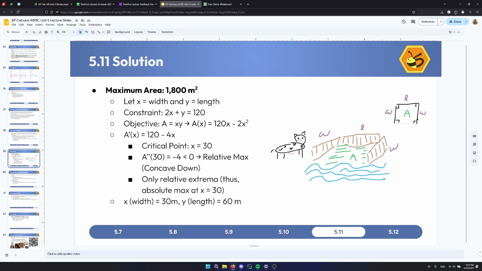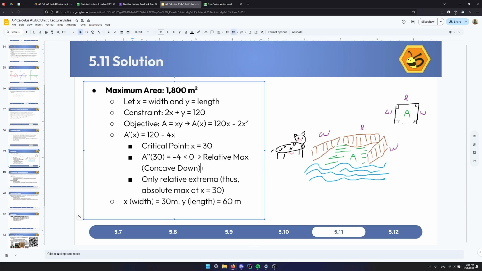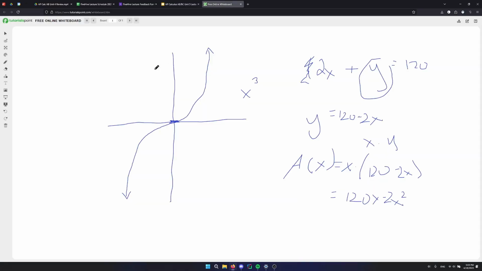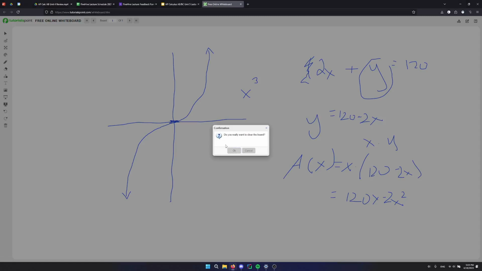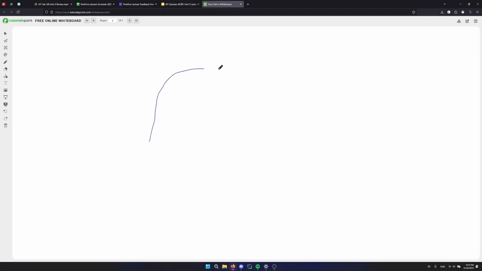And yeah, so coming back to the second derivative test, since I proved this is concave down, we have a relative max. One thing we'll go over is that if we have a relative extrema and it's the only relative extrema, then it's also the absolute extrema. To explain this concept, let's say I have a function with a single relative extrema, a relative max.